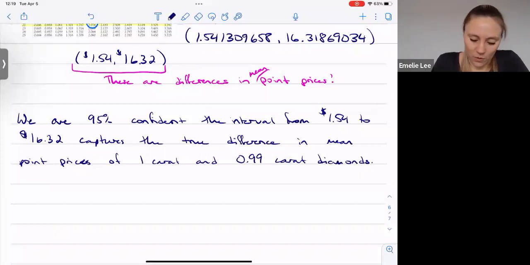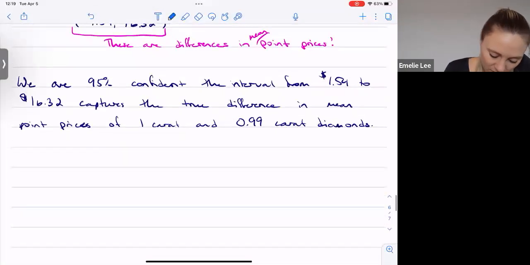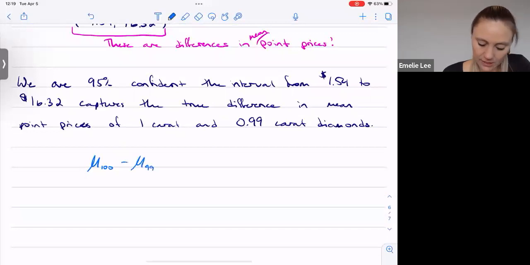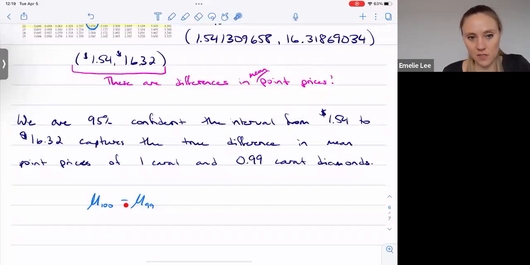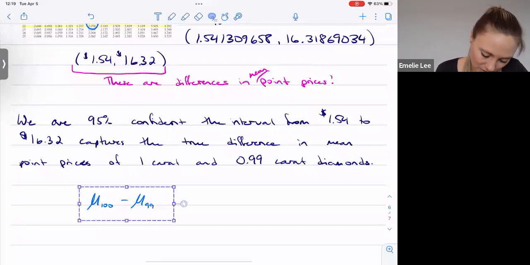Okay, so if we remember, we took mu 100 minus mu 99, and this difference is somewhere between 1.54 and 16.32. We're 95% confident of that, right? And so what we're saying is that the 1 carat diamond on average costs between $1.54 more per point up to $16.32 more per point than the 0.99 carat diamonds, right?